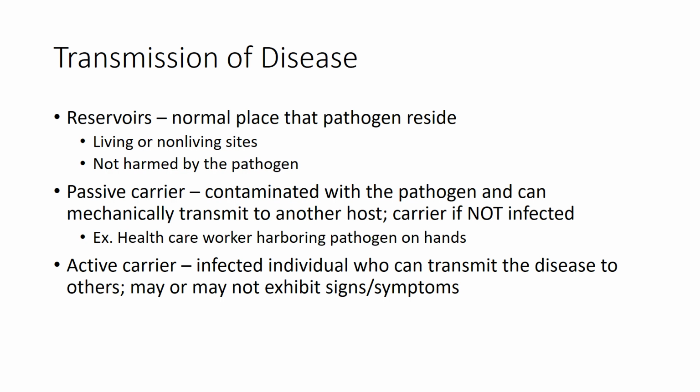A great example of a passive carrier is a healthcare worker that may have a pathogen on their hands and carry it from one patient to another, but they actually are not infected with the disease themselves. An active carrier is someone who can transmit the disease to another. The active carrier may or may not show signs and symptoms. They are infected, but they do not always have to show a sign or a symptom.